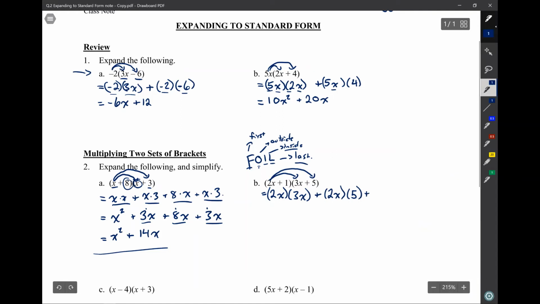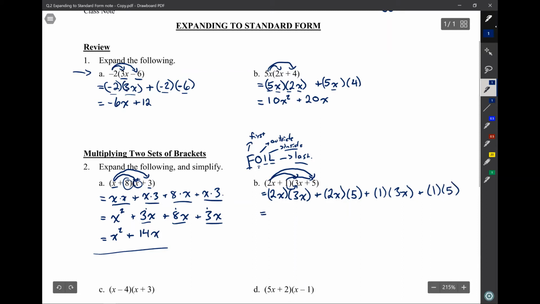Plus our inside terms, that's 1 and 3x here. Plus our last terms, which are 1 and 5. So plus 1 times 5.